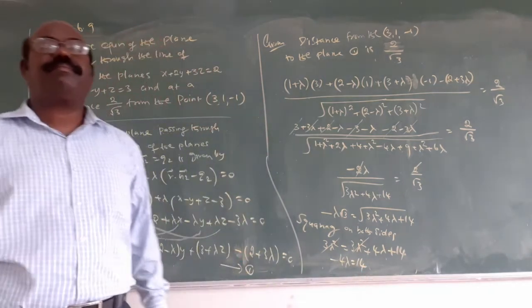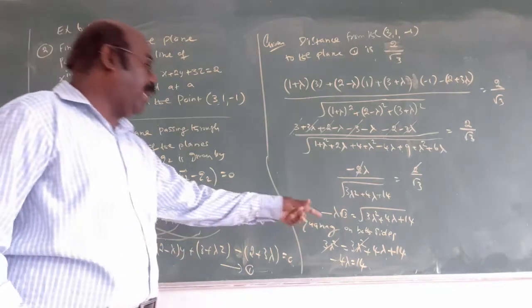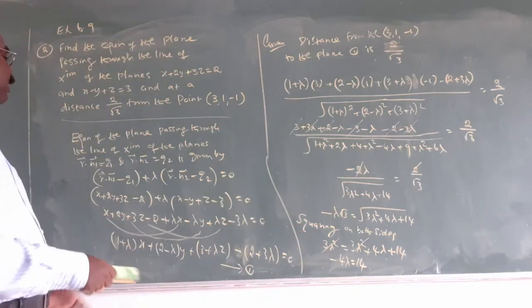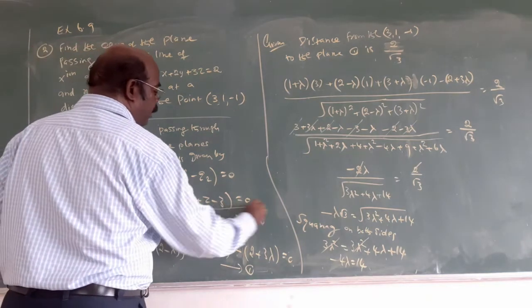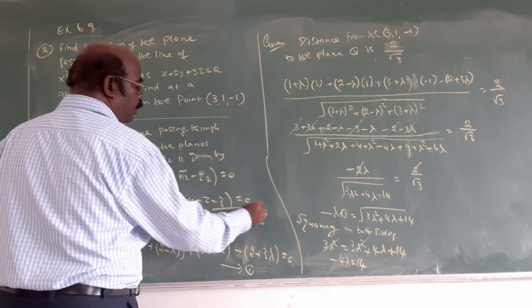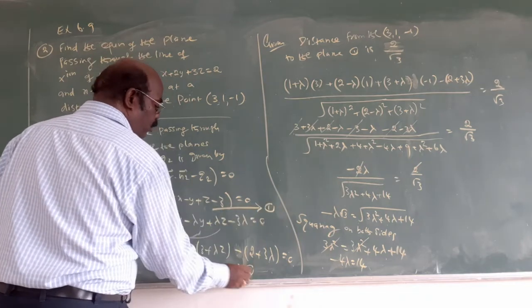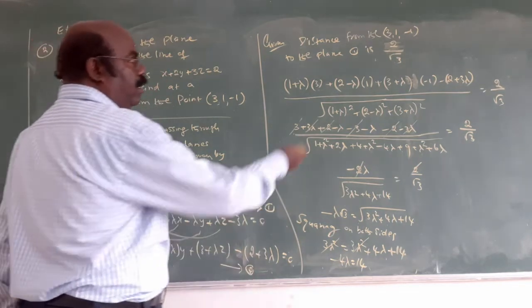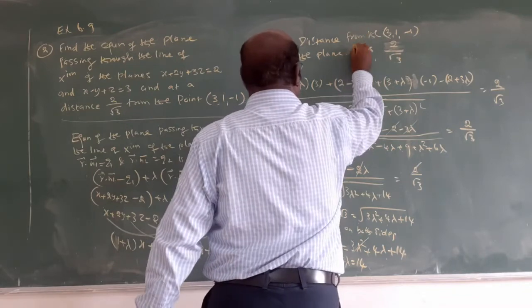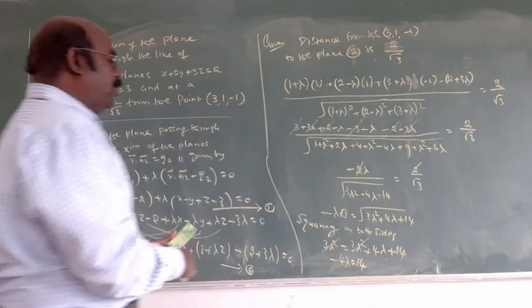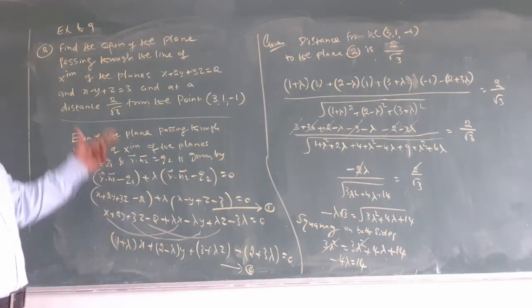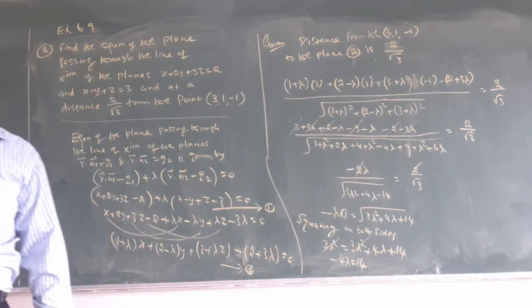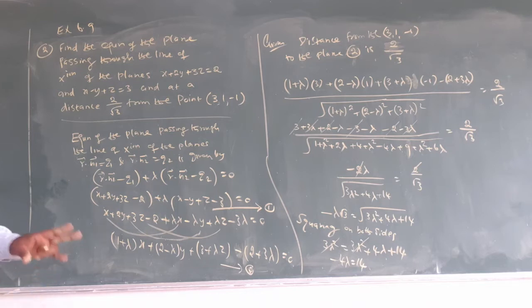After finding the lambda value, after substituting here, we get the answer. This is easy. After finding the lambda value, substitute here and simplify, we get the equation of the plane. Somewhat extra work, but the calculation is very simple.